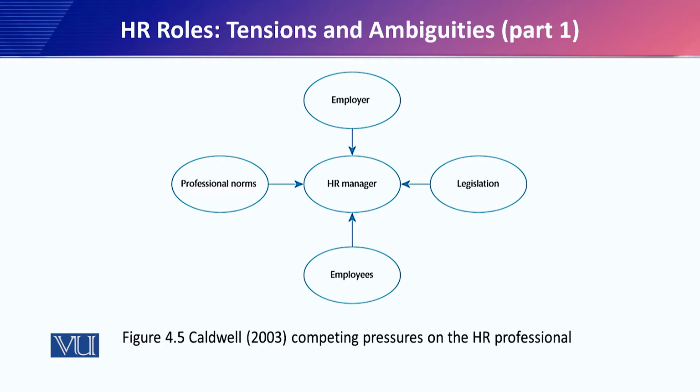In every profession, there are norms. In the HR profession, there are some norms, and there are some legislations. So being an HR manager is a conflicting role, and there are some ambiguities and issues which we will discuss in this module.